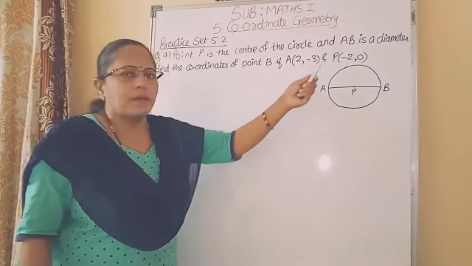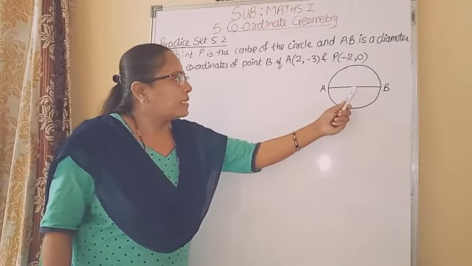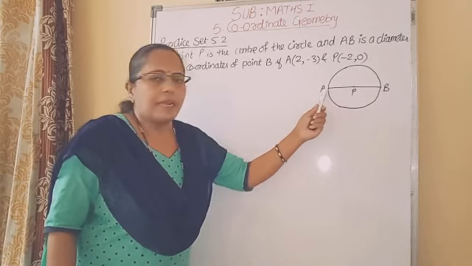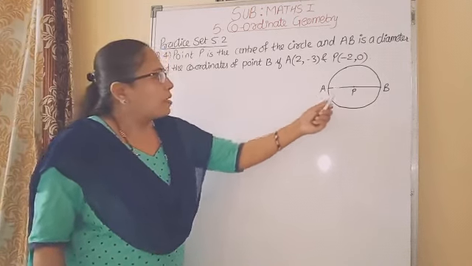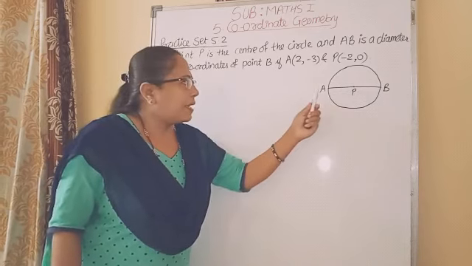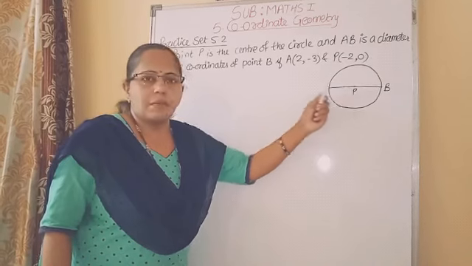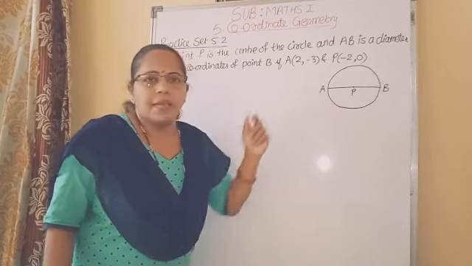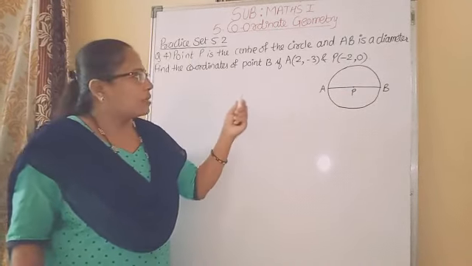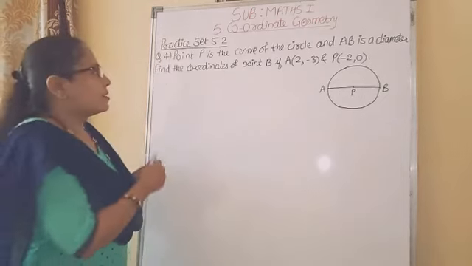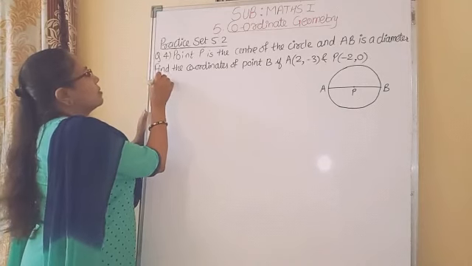I drew a circle, the name of the center P, and AB is the diameter. Okay. So if P is the center and AB is the diameter, we must say that P is the midpoint of segment AB. Okay. So here we have to use the midpoint formula. Okay. So let us start the solution.